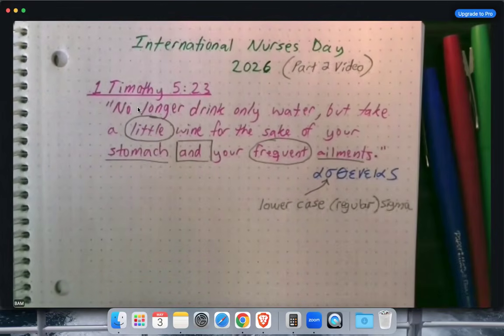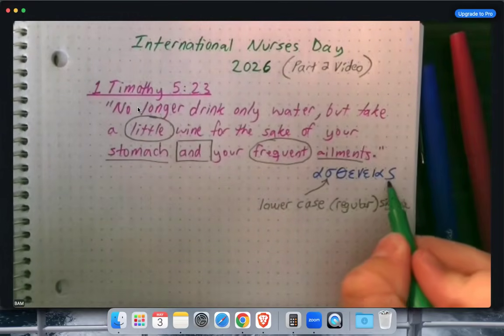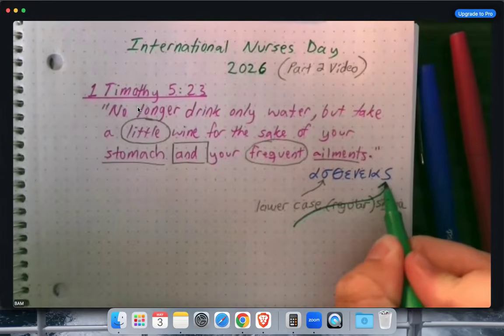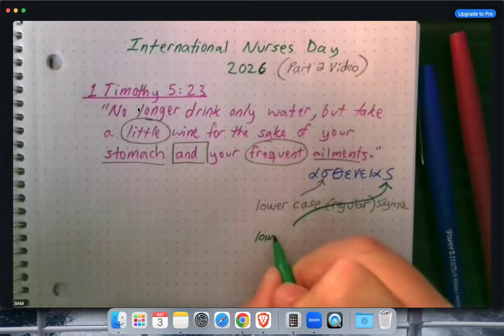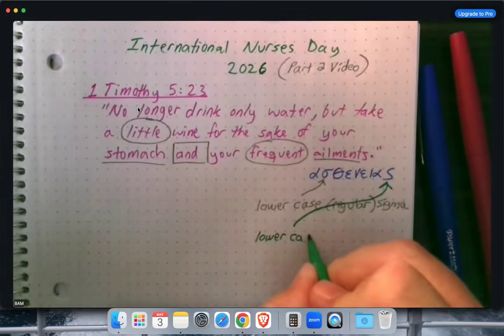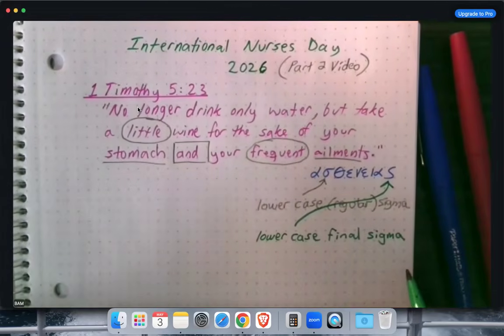And the funny part is this last one over here is not a regular sigma, but a lowercase final sigma, or a final lowercase sigma.